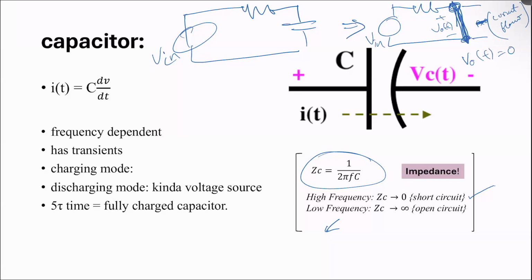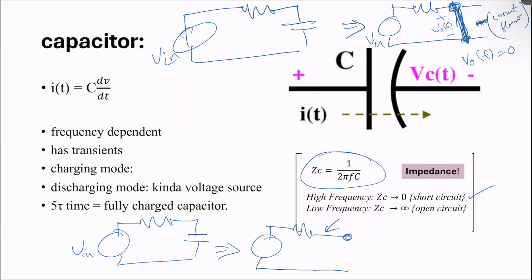And at low frequencies, your circuit is going to be an open circuit. You would have a voltage difference, but there is no current flow. Okay? Is that clear?